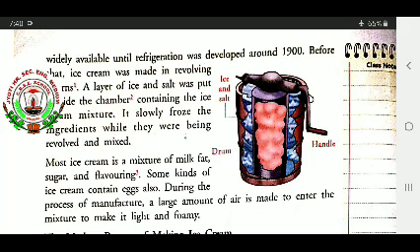Many ice creams contain eggs too, and you can identify that by seeing the package. If it is red, it means it contains egg. To make the mixture of ice cream light and foamy, a large amount of air is made to enter during the manufacturing process.